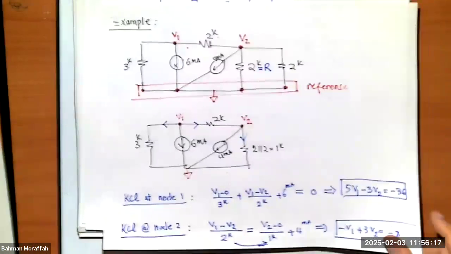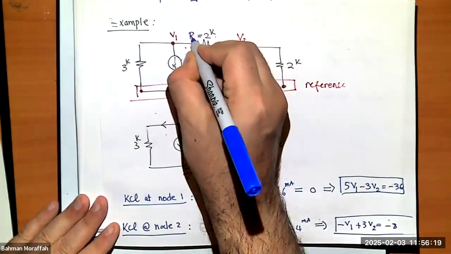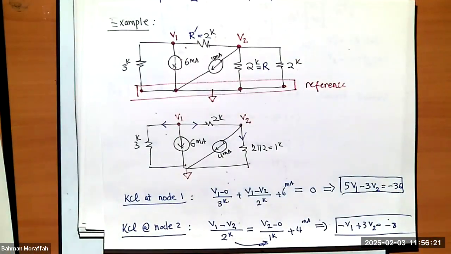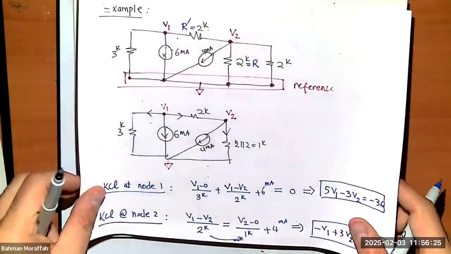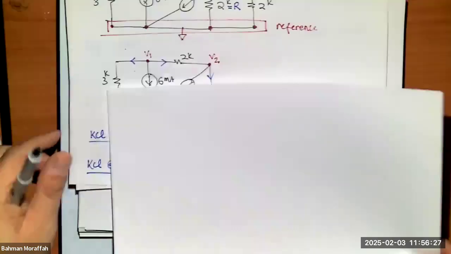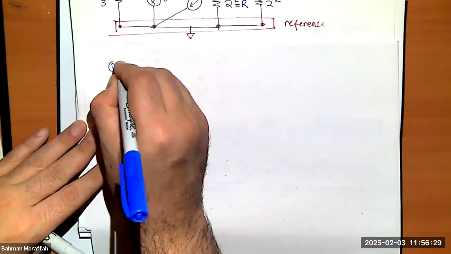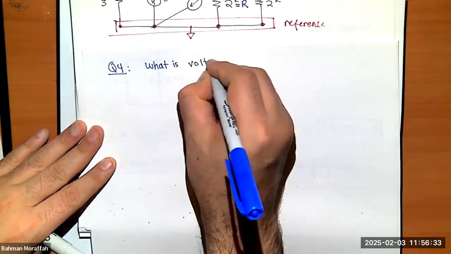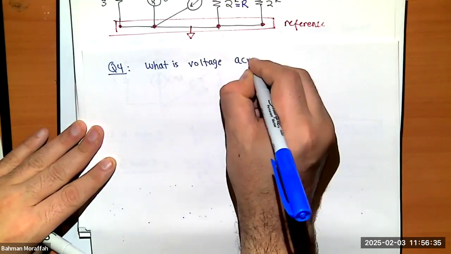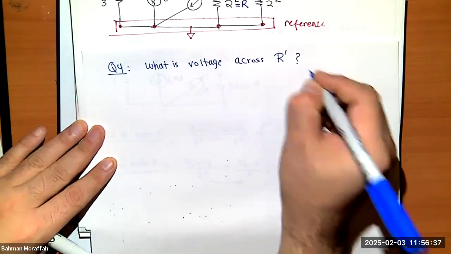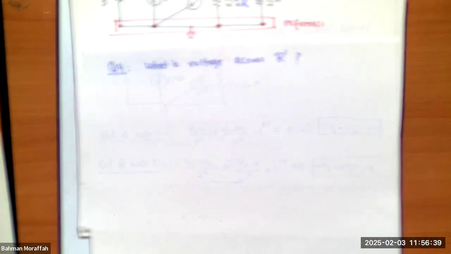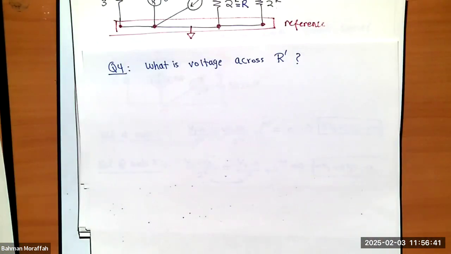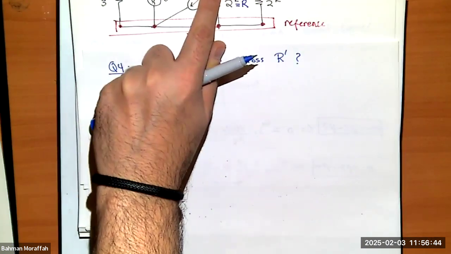Let's call this guy over here R prime. Okay? Question 4. What is the voltage across R prime? It's V1 minus V2, right?